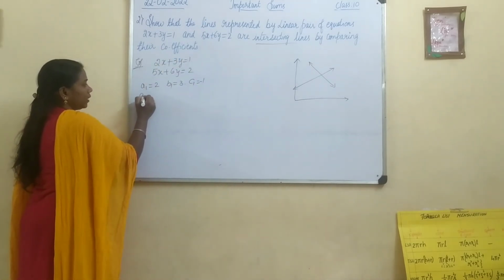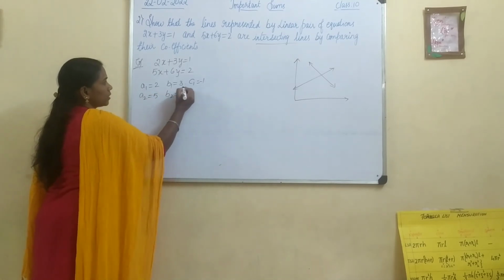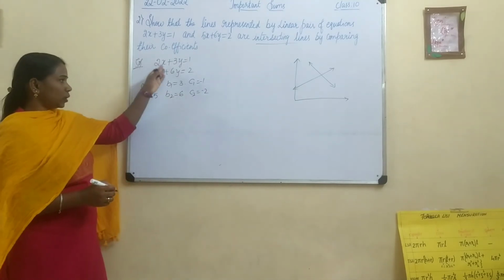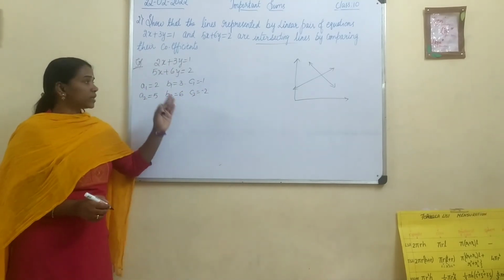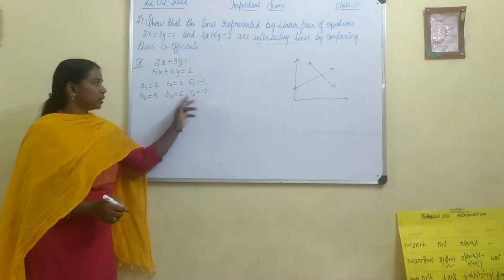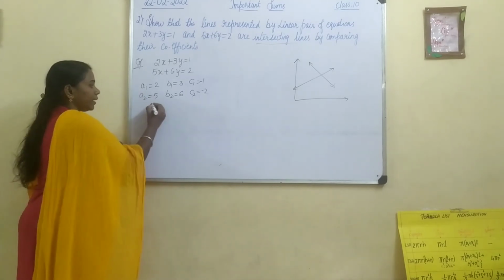Again, A2 is 5, B2 is 6, and C2 is -2. When we compare these equations in standard form, that is A1x plus B1y plus C1 equal to 0, we get these values. Okay, so let us compare the ratios.